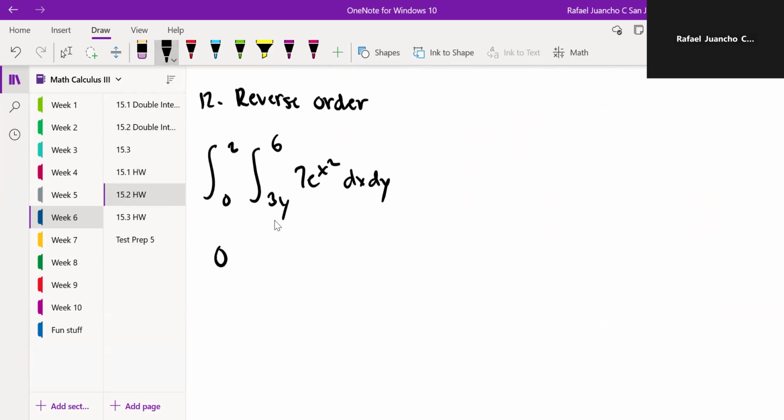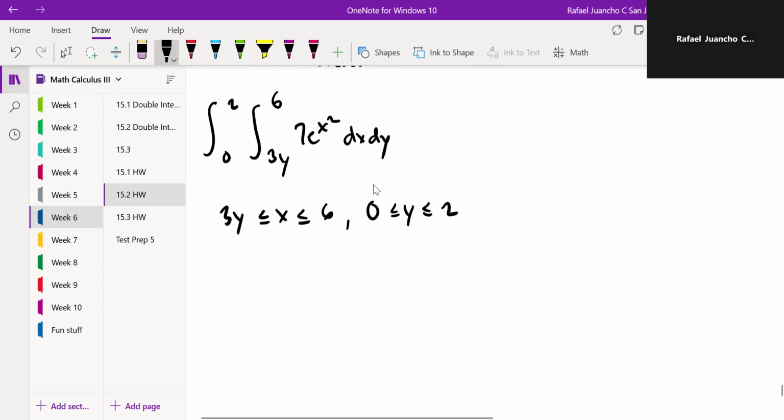Let me do my x first. Then my y is in between. My bad. 3y. There we go. That's my first. And this one's my y from 0 to 2, right?